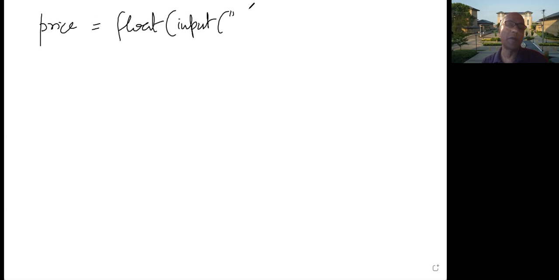For example, let's say we have read in the price of milk. Price equals float input enter price.